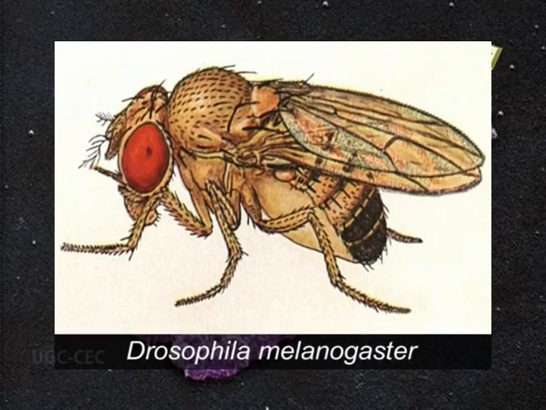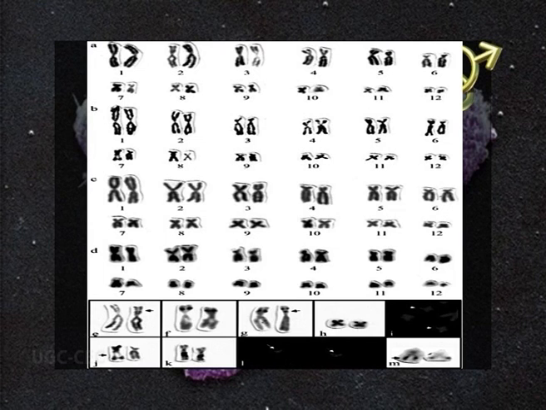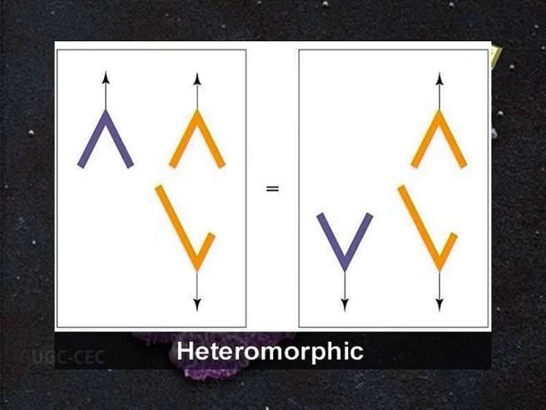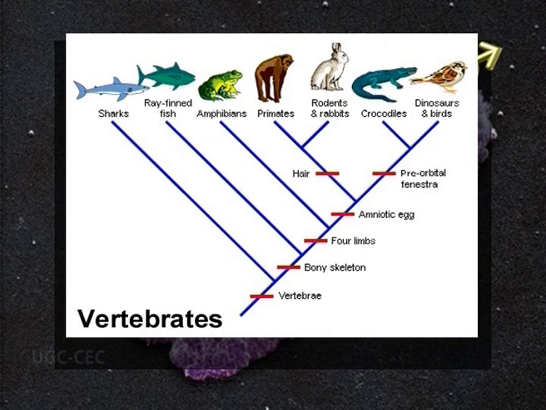The structure and number of sex chromosomes vary in different organisms. In the fruit fly Drosophila, females are XX homomorphic and the males are XY heteromorphic, as in humans and most other vertebrates.